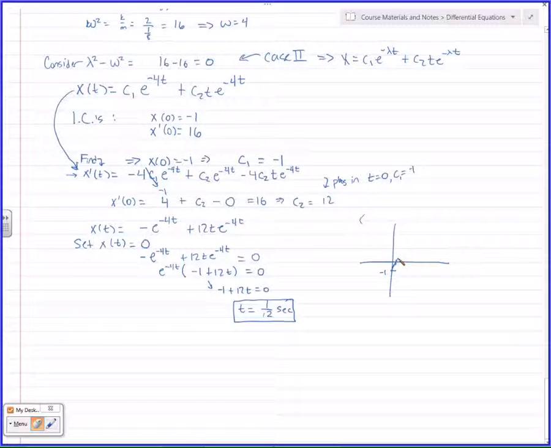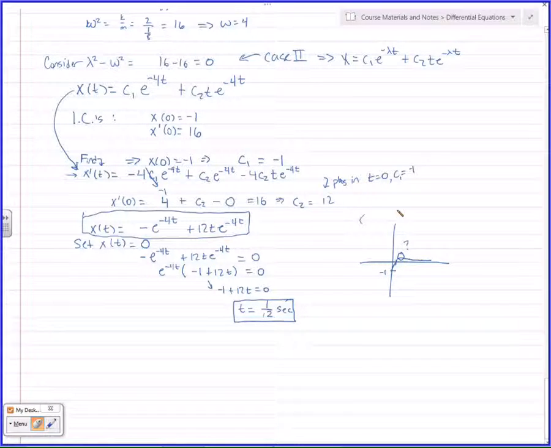The only reason we know it doesn't cross again is that there's no other 0 to this equation. It never crosses equilibrium again. And in the long term, as t goes to infinity, that's going to 0. So we know it went up, it crossed the equilibrium, and it's going to come back down and approach 0 after that. The question is, where does it hit that maximum?